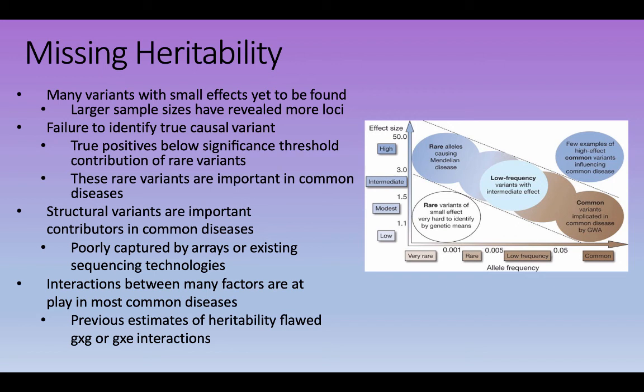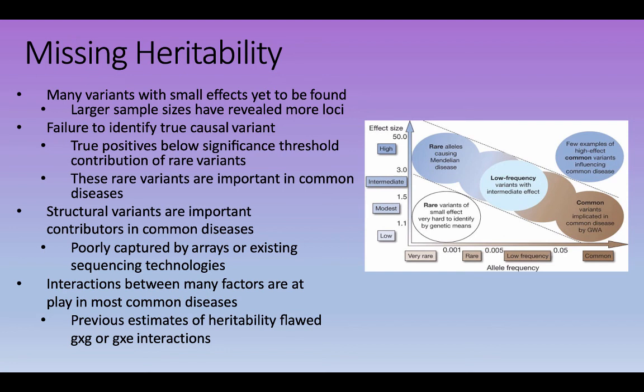Structural variants are also really important in common disease, and these won't be identified with any sort of SNP-based technology. So microarrays that we previously were using for this, and even short-read sequencing, may not be a good way of encompassing this type of variation. And then there are a lot of other factors that can play a role in identifying disease.